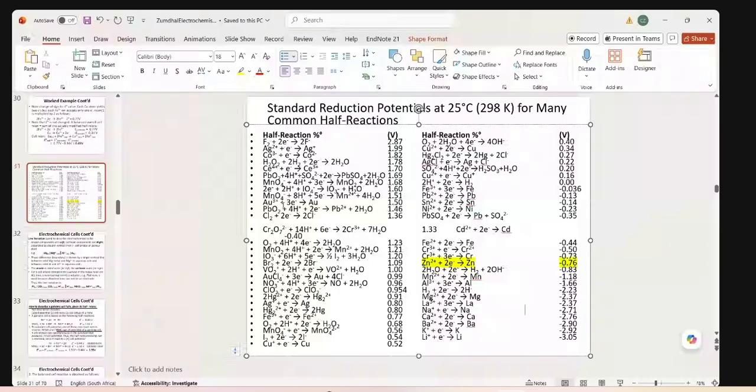Where is hydrogen? Hydrogen is here, right? Yes, sir. You've seen where I've highlighted the reduction potential: 0.00, right?